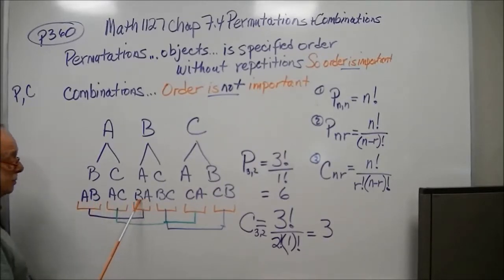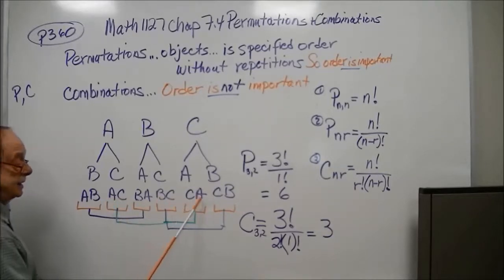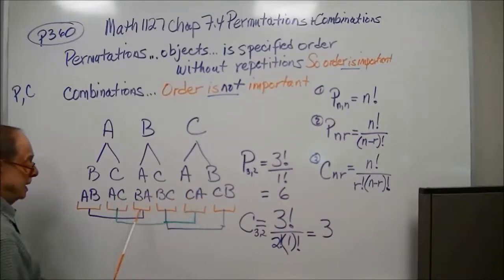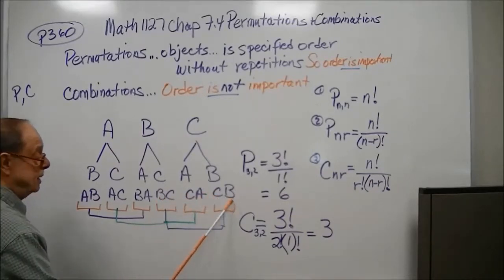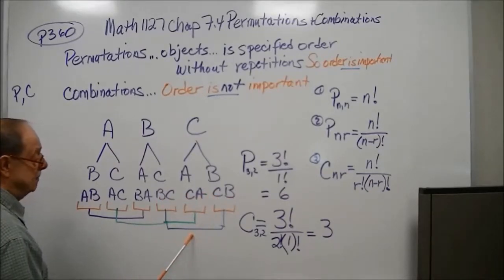If order is not important, this is just one unit that I've connected with this purple line. And then AC and CA. Order is not important, so they're the same. I'm connecting those with the green line. And then BC and CB, I'm connecting with the blue line.